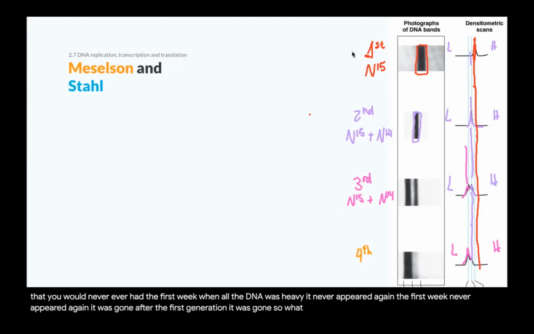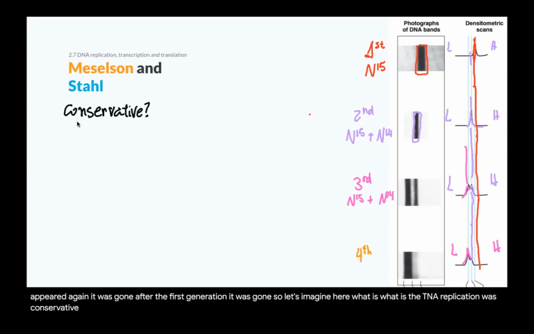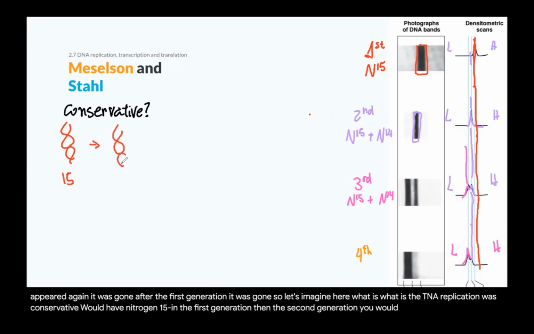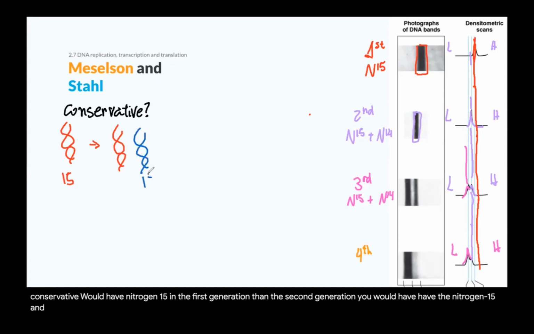So let's imagine here. What if the DNA replication was conservative? Well, then you would have nitrogen 15 in the first generation. Then the second generation, you would have the nitrogen 15 and nitrogen 14.